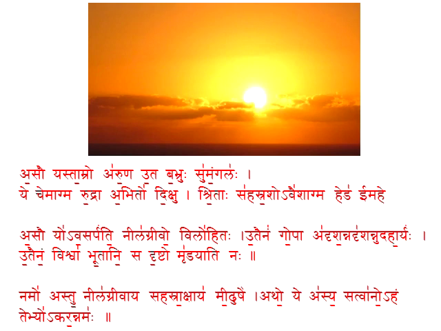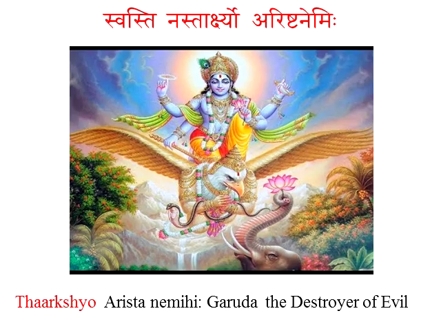And then the third one is a very interesting aspect here. Swastina Tarkshyo Arishtanemihi. Tarkshya usually represents a mythical bird. Some people call it Garuda, Lord Vishnu's vehicle, the destroyer of evil. If you remember the story of Gajendra Moksham, Gajendra used to go into a pond, pick up a lotus flower and offer it to Lord Vishnu every day.